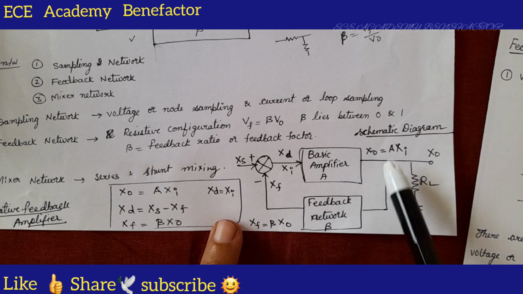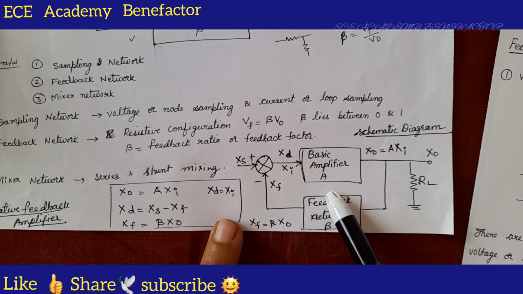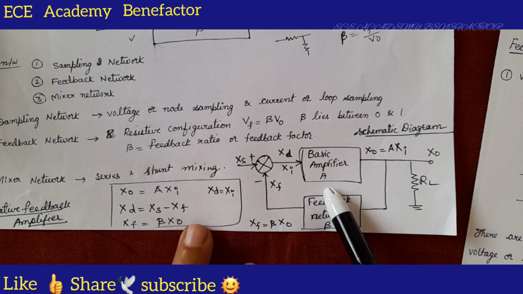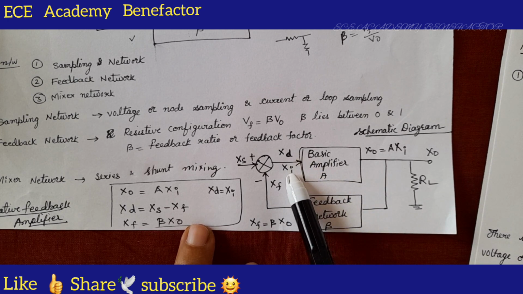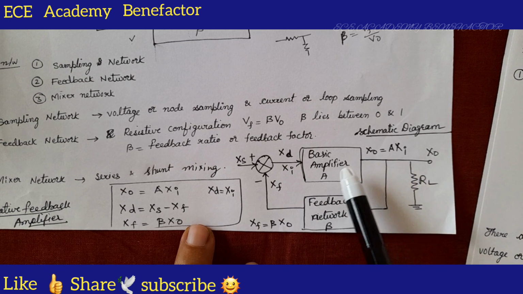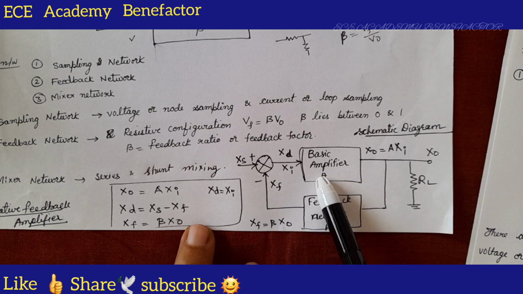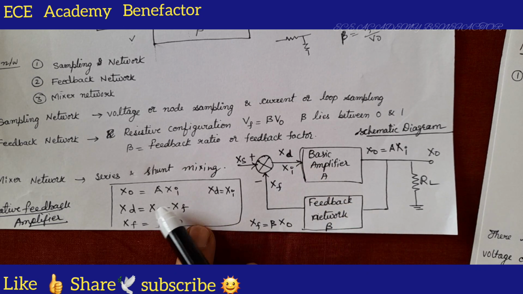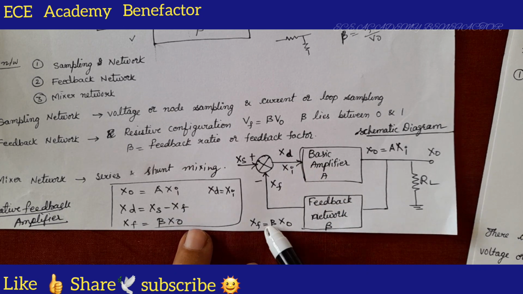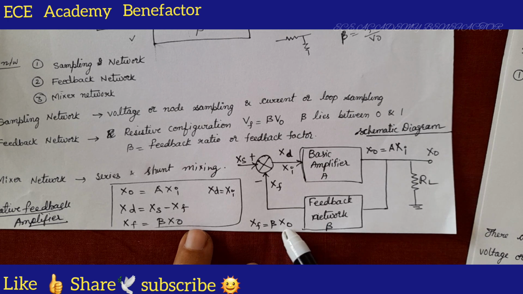So, few important equations of negative feedback amplifier are: the difference signal XD is equal to Xi, and X naught is equal to A times of Xi, the output signal. And what is XD? XS minus XF. And what is XF? The feedback signal, beta times of X naught.